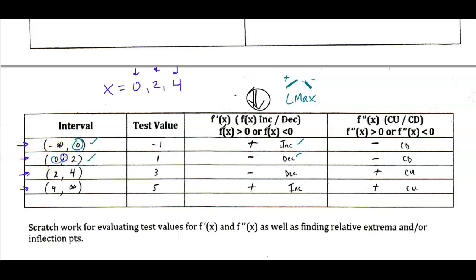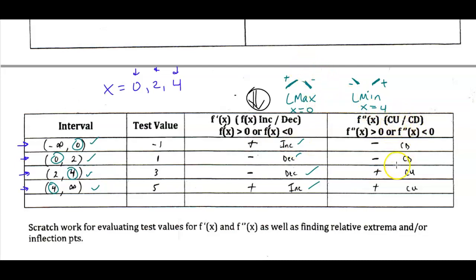So at x equals 0, we see that we have a local max. Okay. We also see from our chart that we go from decreasing to increasing from the third interval to the fourth interval. And of course, all that action is around x equals 4. So we see we go from having negative slopes of tangent lines to positive slopes of tangent lines, which means we have a local min at x equals 4. Okay.